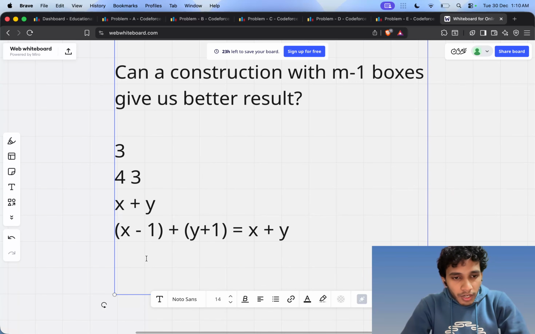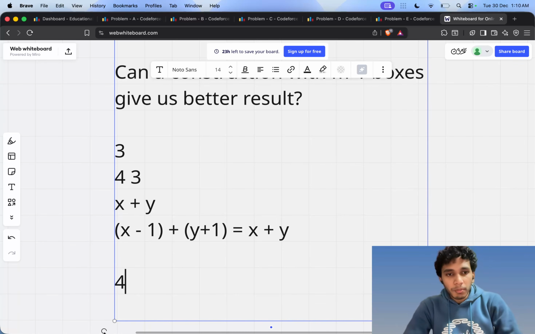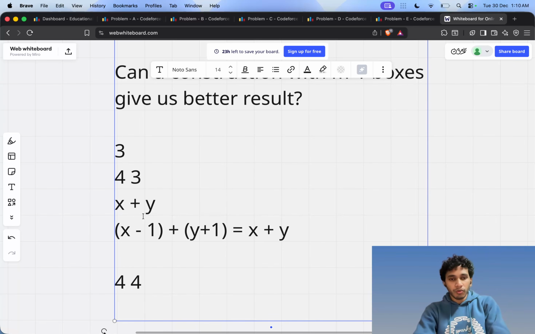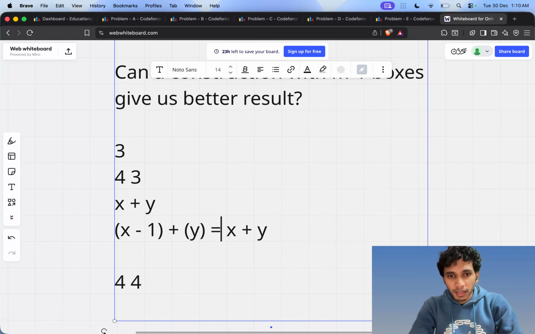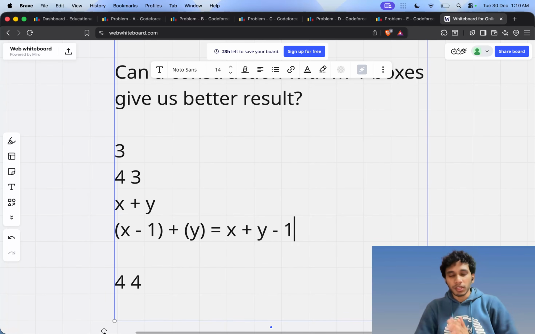Or another scenario where he could be made happy using beauty 4 and coin 4. Now, coin 4 is greater than coin 3, the number of coins which we are left over with. So in this scenario, this 1 will not be added and the overall answer would be x plus y minus 1.